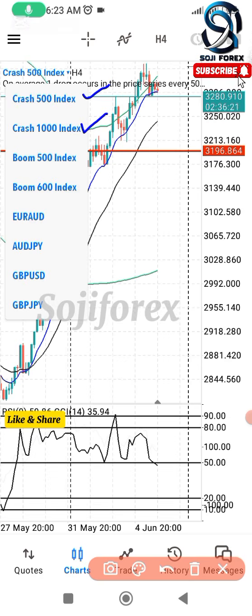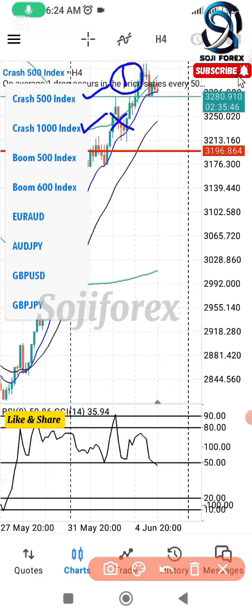Based on your account size, you are risking too much, which is not suitable for your account size. So if you have one trade on Crash 500, there is no need for you to pick any other trade on Crash 1000 until your trade hits stop loss or take profit.